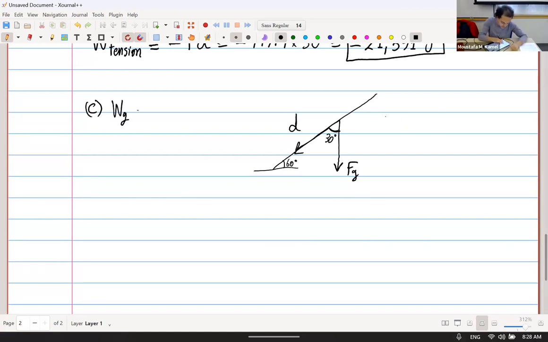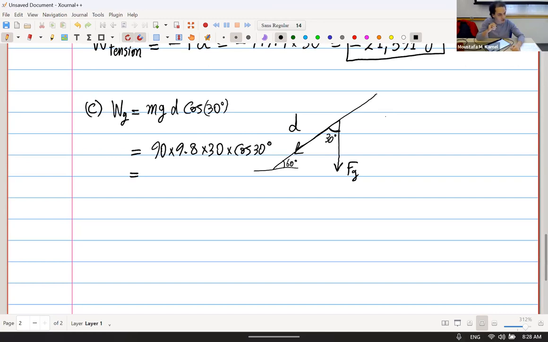So work done by gravity is equal to mgd cosine 30 degrees, so it's positive. It's just 90 times 9.8 times 30 times cosine 30, which should be 22,950 joules.